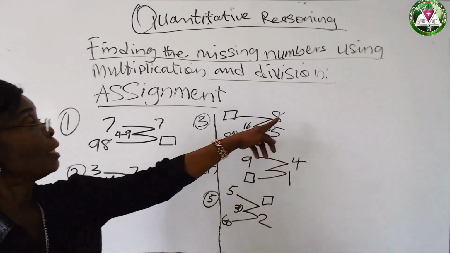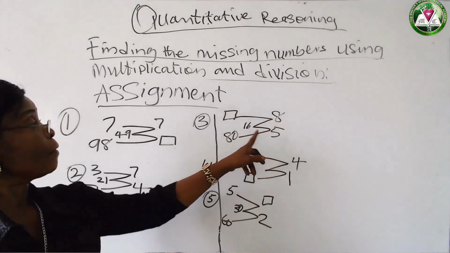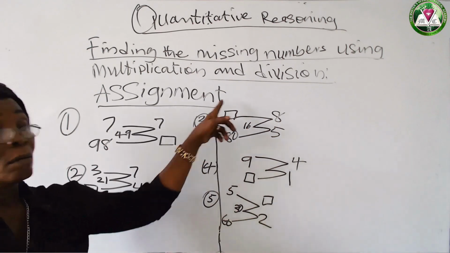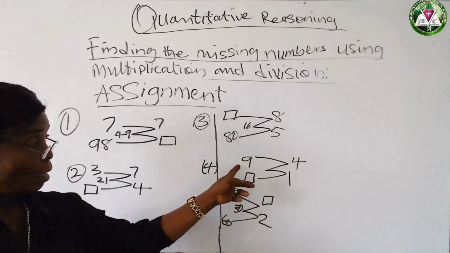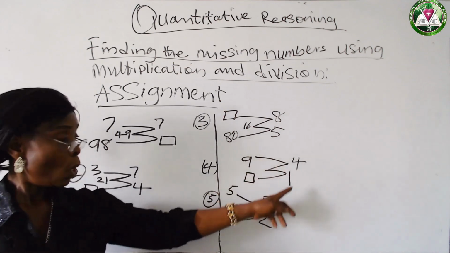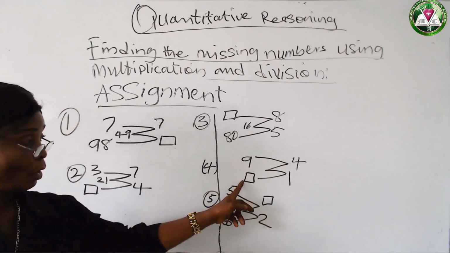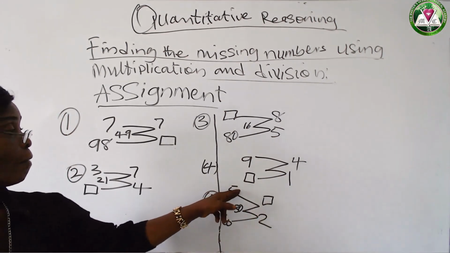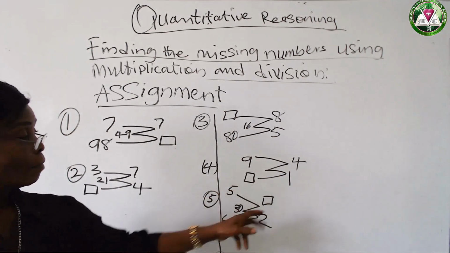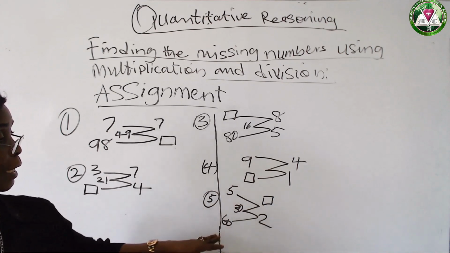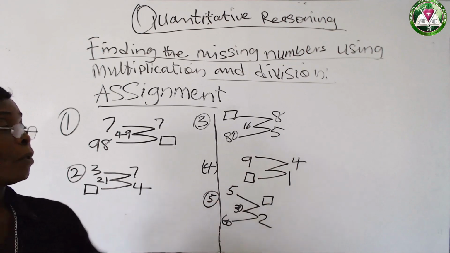This is 8, 5, 16, 80. Find the box. Number 4, 9, 4, 1, box. Look for the box. Number 5, 5, box, 2, 30, 60. Look for the box.